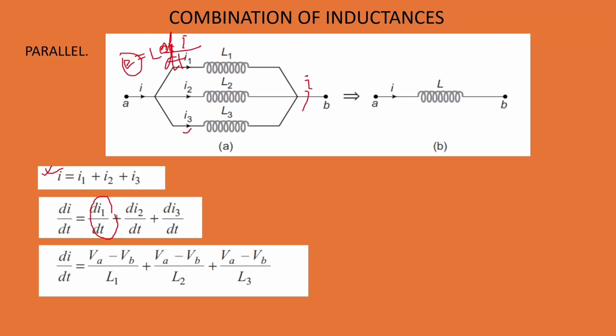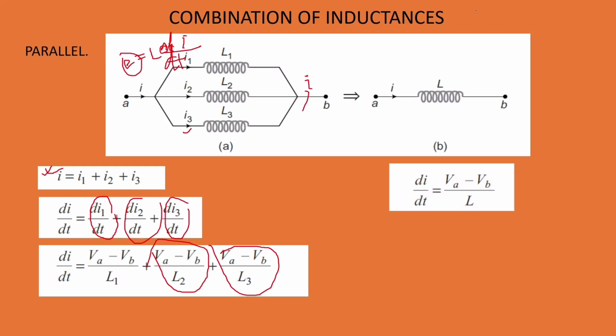So we replace di1 dt with VA minus VB by L1. Similarly for di2 dt we replace it with VA minus VB by L2, and for di3 dt we get VA minus VB by L3. So the potential drop is the same across these 3 inductors, right?